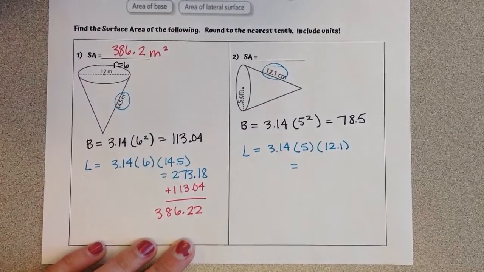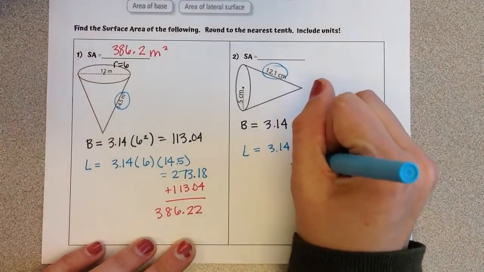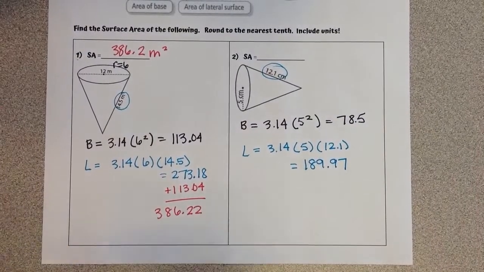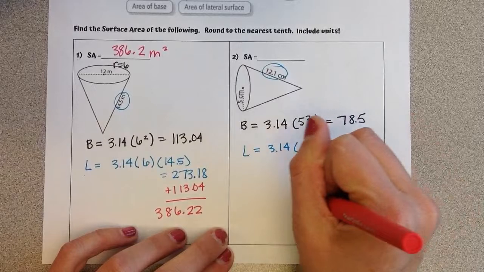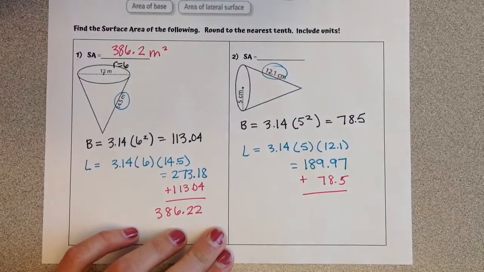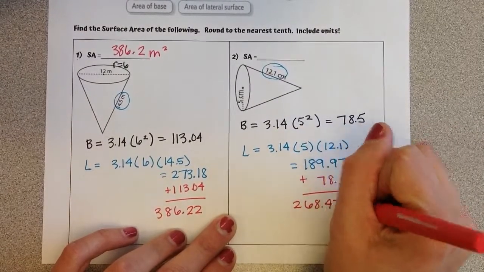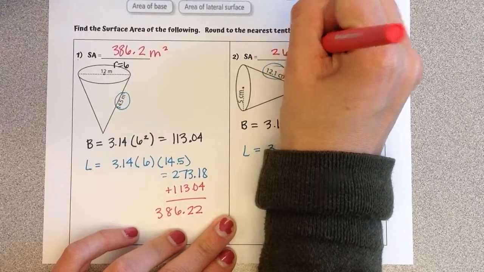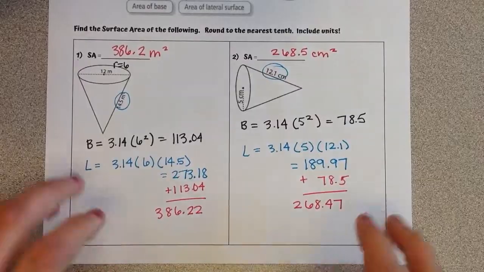That gives us an area of 189.97. And then for our total area, I'm going to add our base, and that gives us a total area of 268.47, which I'm just going to round to 268.5 centimeters squared.